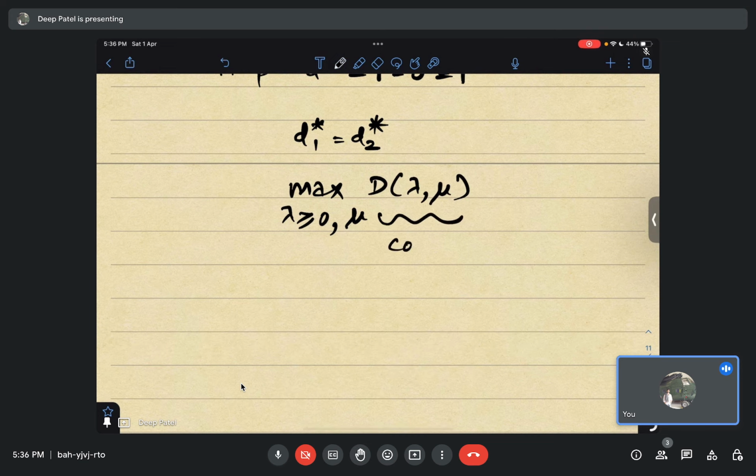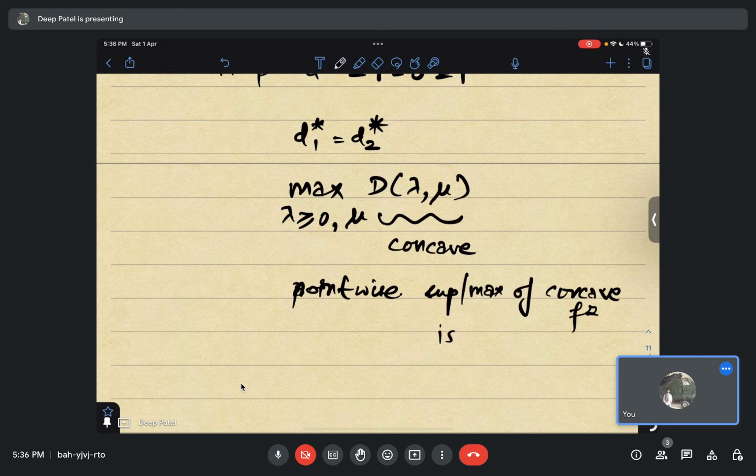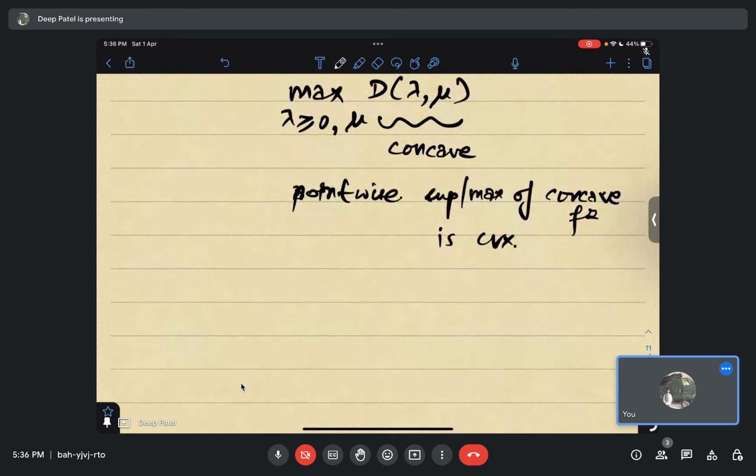This is a concave function. And the pointwise sup or max of concave functions is convex.